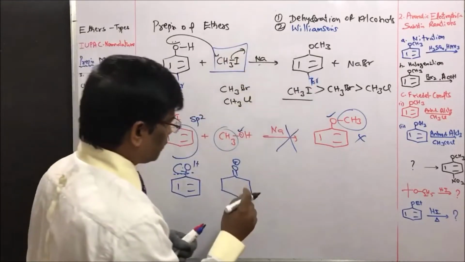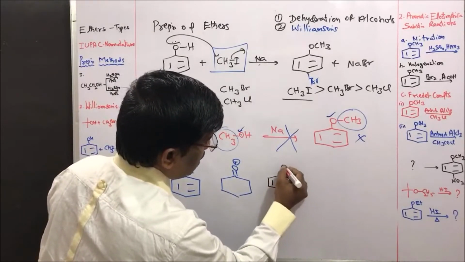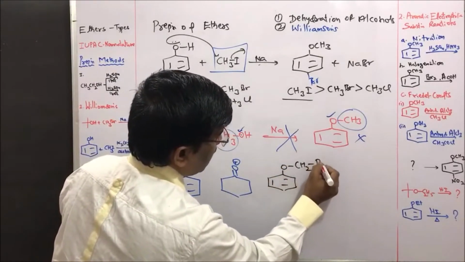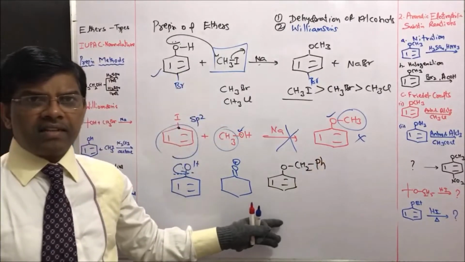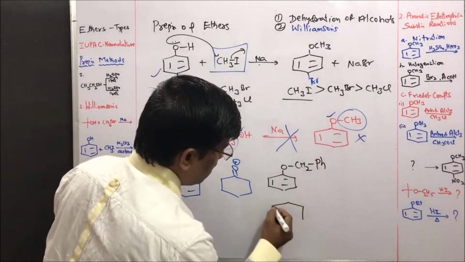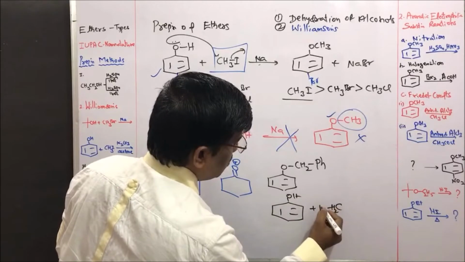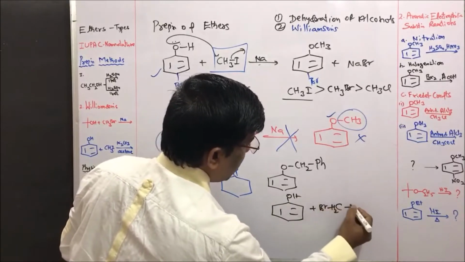For example, if I want to make benzyloxybenzene, I can write phenyl here. Can you suggest the starting materials here? Yes, students, the starting materials are phenol plus this side CH2 bromide, benzyl bromide.